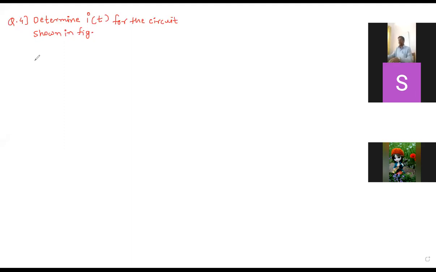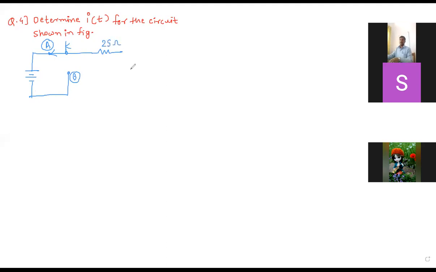This is not by using the final value theorem. The switch is K here. This is the A position and this is the B position.